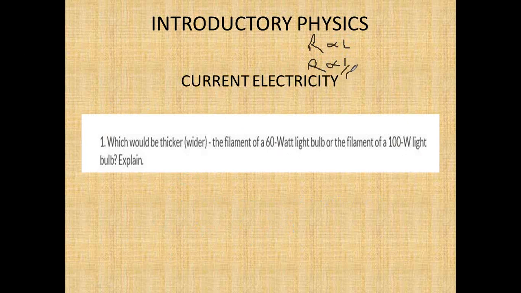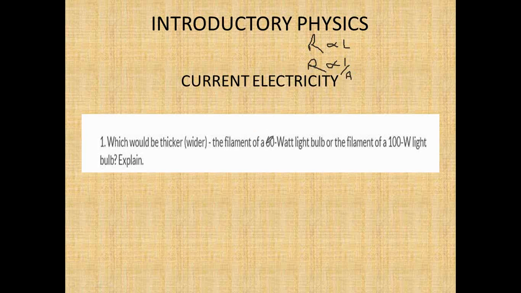So the greater the thickness, the less the resistance. Sorry, the greater the cross-sectional area, the less the resistance, correct? And the less the cross-sectional area, the greater the resistance. But that's not what they ask you.